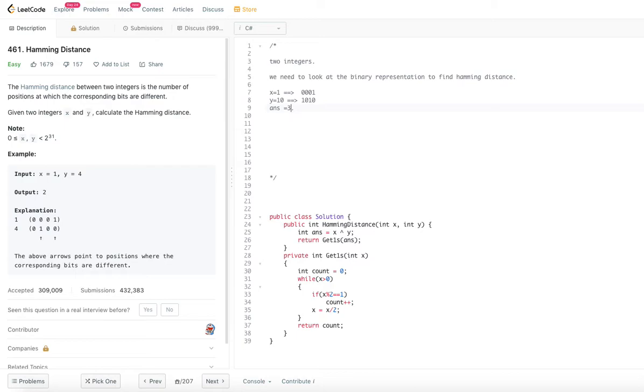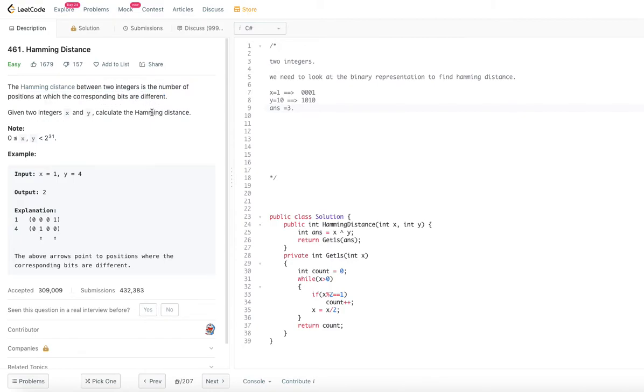But do we really need to convert x and y into binary representation? That is a question. Is there a way that we can get away by not converting both these numbers? What we are looking for here is the number of positions at which the corresponding bits are different.